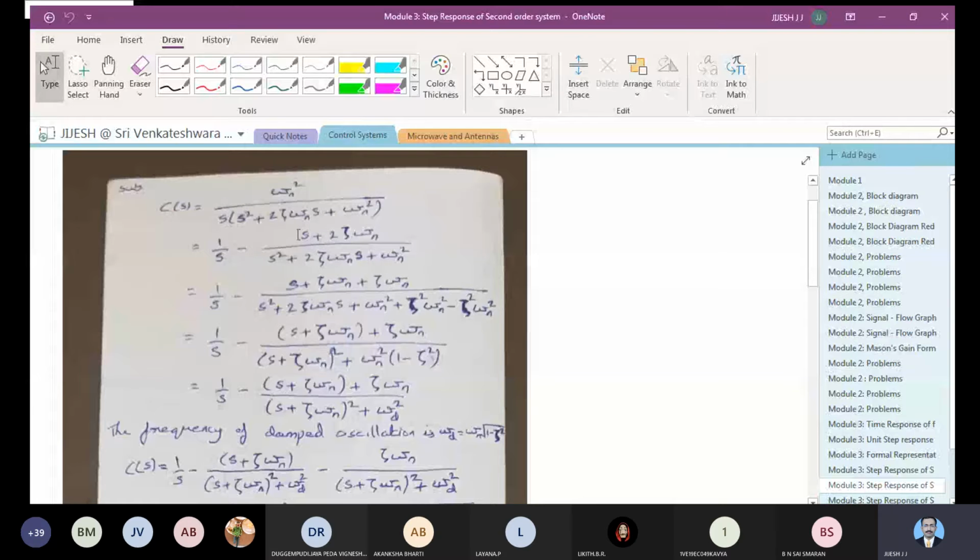You need to understand that these two equations are the same. Just for simplification, we have rearranged the equation in this form. If you work it out, you can find that both equations are the same. It is just a representation of this equation in a different way.